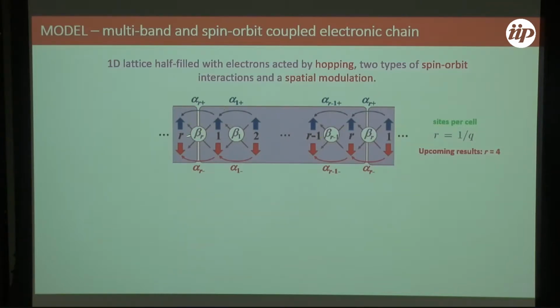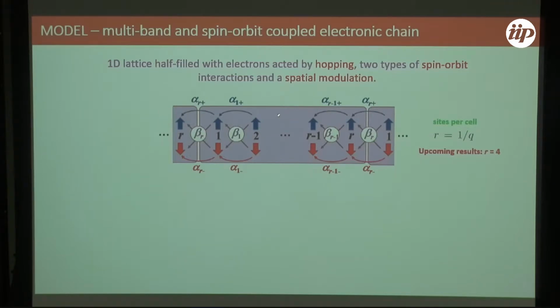In this model, my unit cell will have R sites, where R is the inverse of the wave number of the external modulation. In the upcoming results, I'm going to take R equals 4, so 4 sites inside the unit cell. And each site in the unit cell has a spin attached to it.